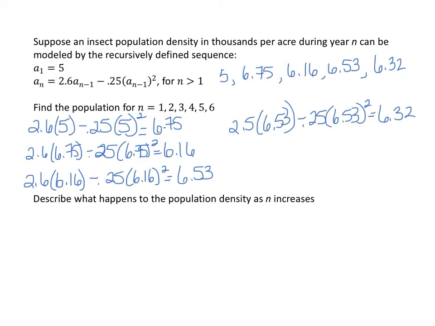And then the last one of this sequence, 2.6 times 6.32 minus 0.25 times 6.32 squared will give us about 6.45.